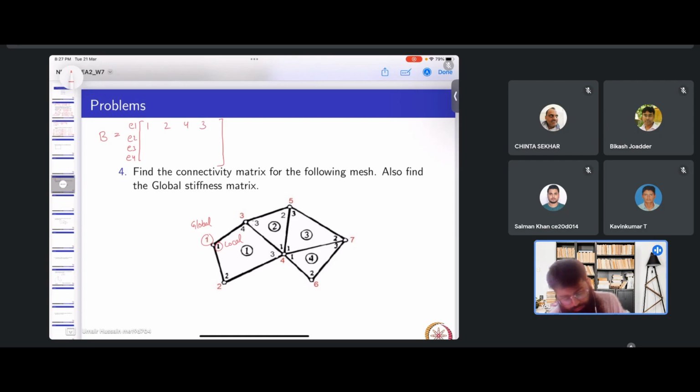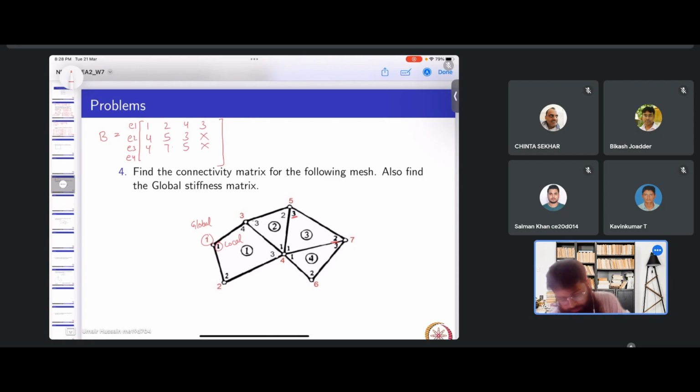For element 2, the local node 1 is global node 4, local node 2 is global node 5, and local node 3 is global node 3. We don't have anything in the fourth column, since it's a 3-noded element. For element 3, local node 1 is global node 4, local node 2 is global node 7, and local node 3 is global node 5.